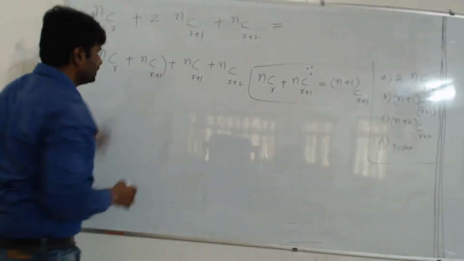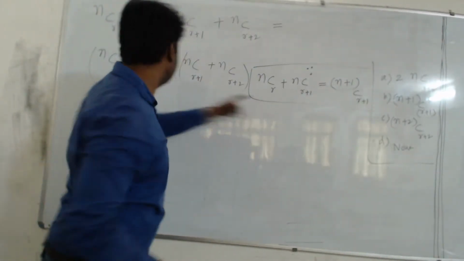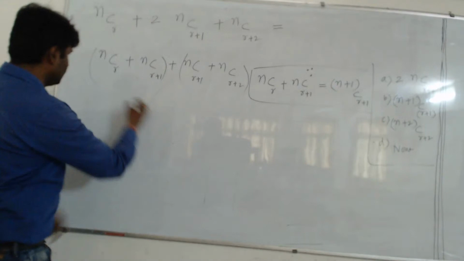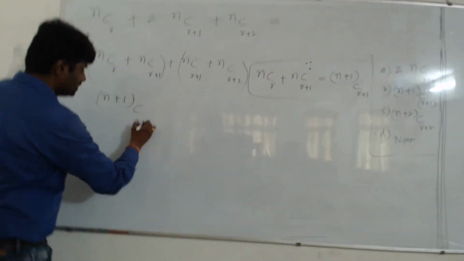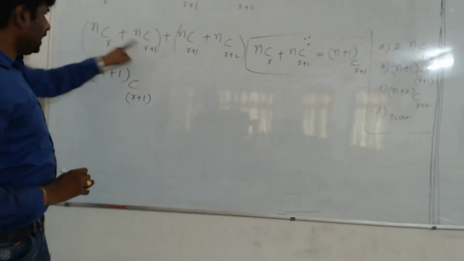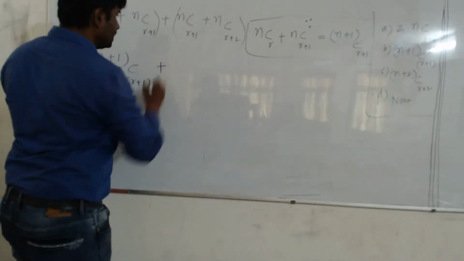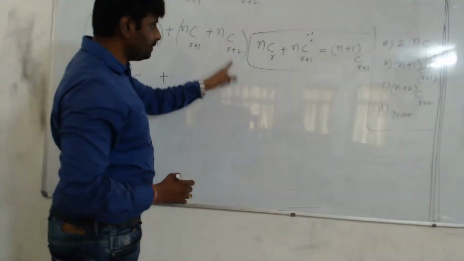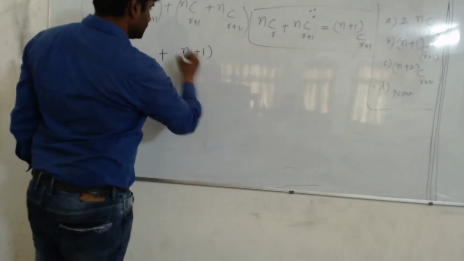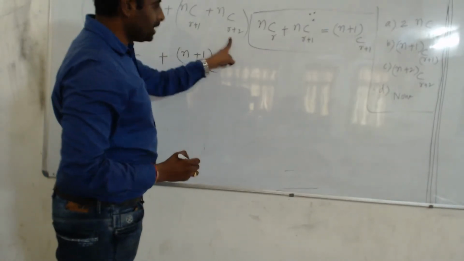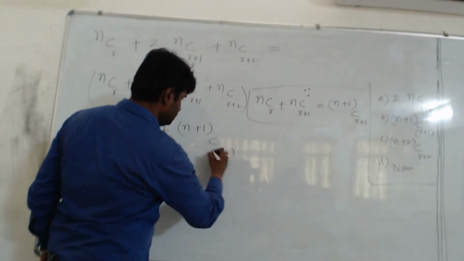Now these two combined we can apply this formula, and the same way these two combined, right? nCr + nC(r+1), so can I write (n+1)C(r+1)? Correct? n's next number is n+1, and the greater suffix is r+1. In the similar manner, nC(r+1) and nC(r+2): n's next number is n+1. See, r+1, r+2. What is the greater suffix here? r+2. Yes, r+2.